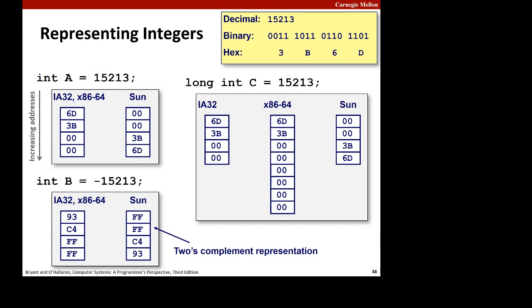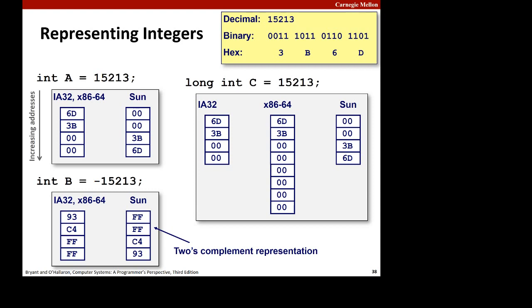But I could actually run these experiments and verify what order you'd get when you listed various numbers in a single byte order. So if 15213 has a hex representation 3B6D, on an x86 machine you'll see the least significant byte is 6D, then the next one is 3B, and then two zeros. And on one of these Sun machines, you'd see it in reversed order.